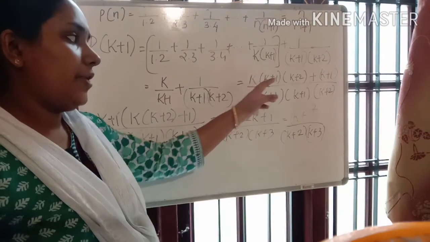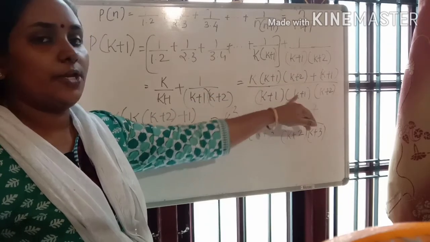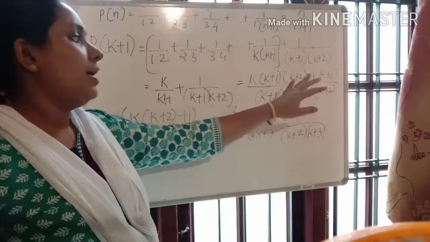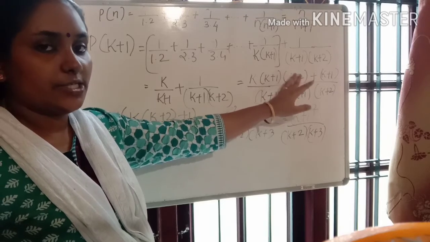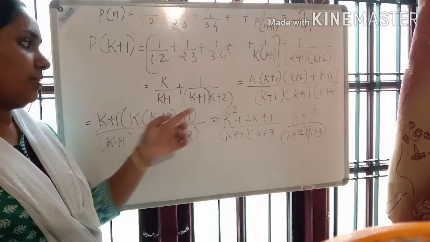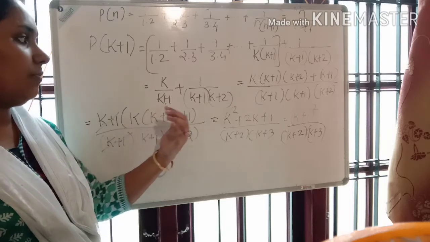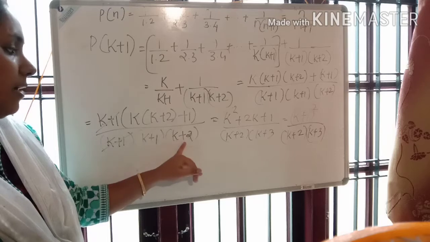See students, k into k plus 2 plus 1 divided by k plus 1 into k plus 2. From this numerator we get k plus 1 as common.